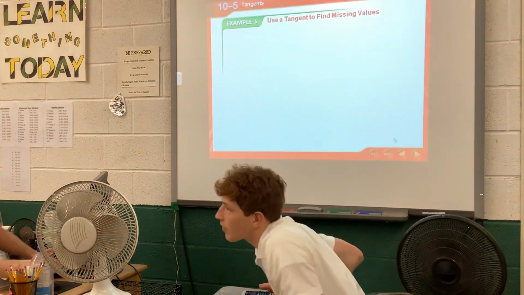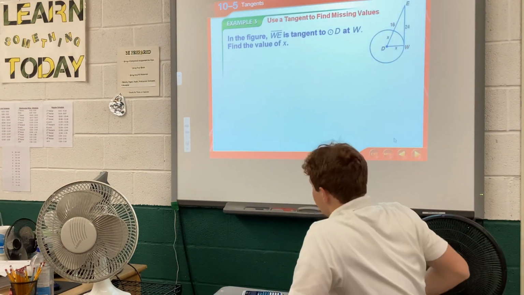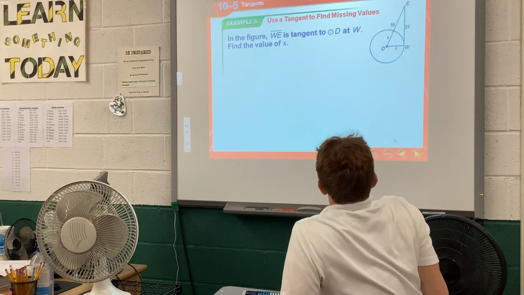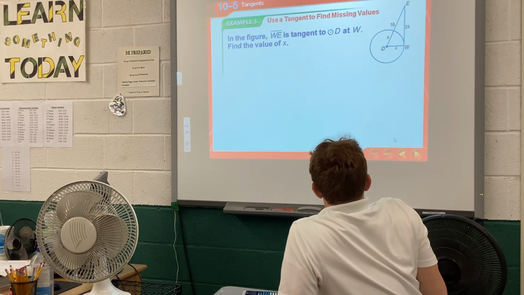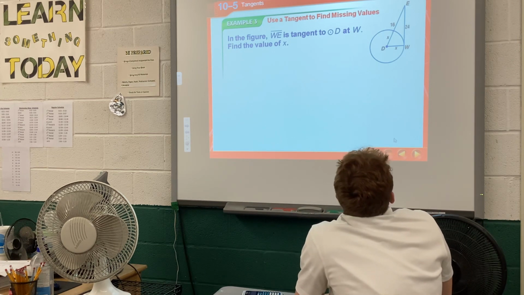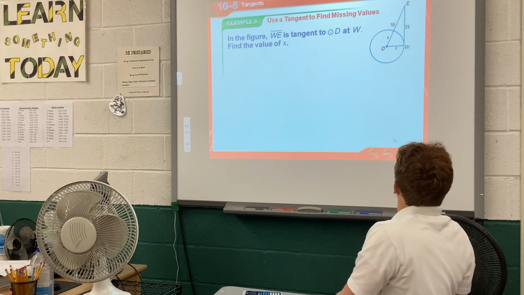This is a good one right here because you got to do some math on it. So what do I do in this one? I'm going to do basically the exact same thing, but now I have to do a little bit more math. So I'm going to do x squared plus, what is my hypotenuse? x plus 16.